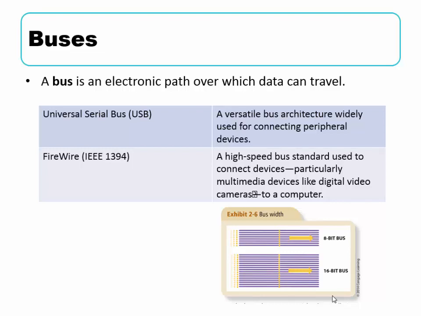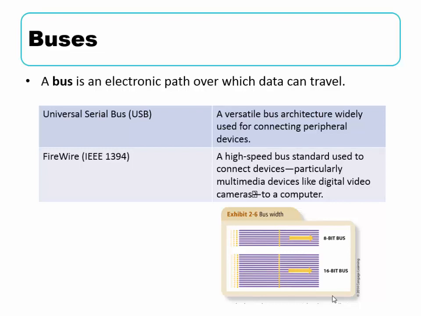The bus speed is also a very important factor because the bus width and bus speed together determine the bus's throughput, or bandwidth, which is the amount of data that can be transferred via the bus in a given time period. The buses that connect peripheral devices to the motherboard are often called expansion buses. They connect directly to ports on the system unit case or to expansion slots on the motherboard.